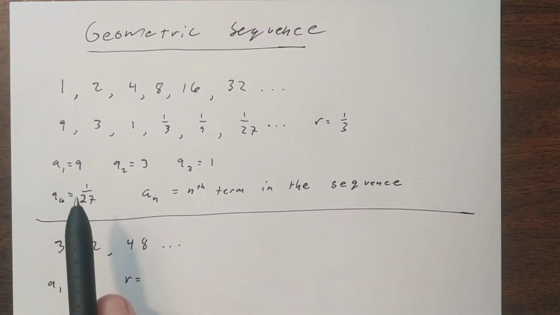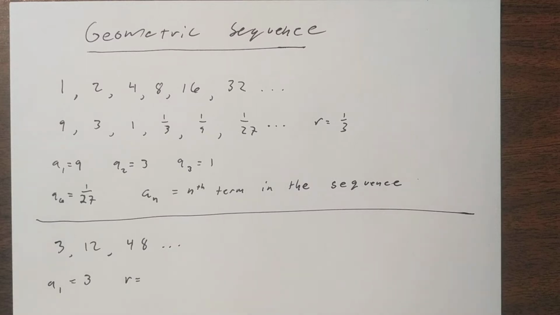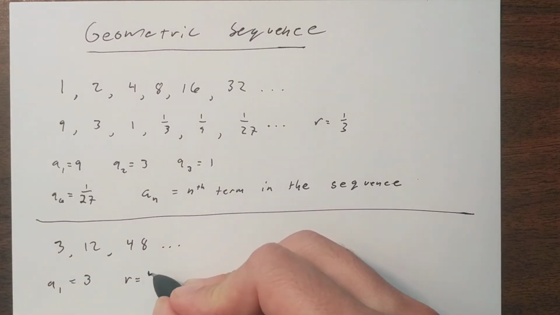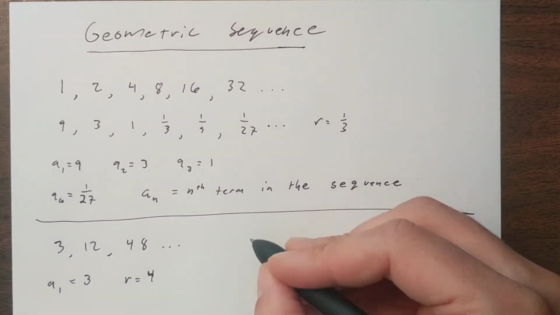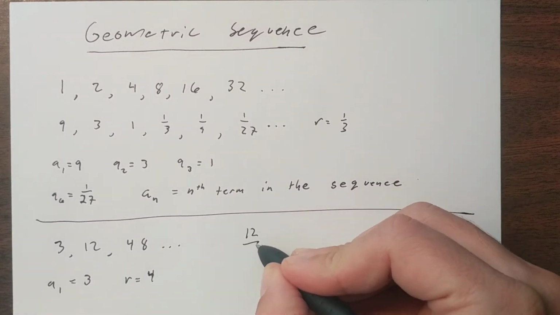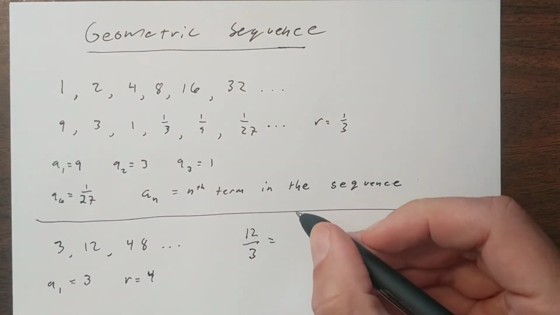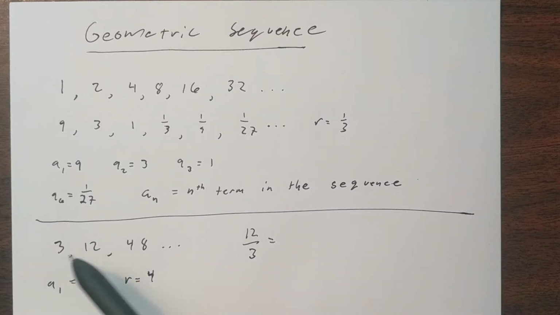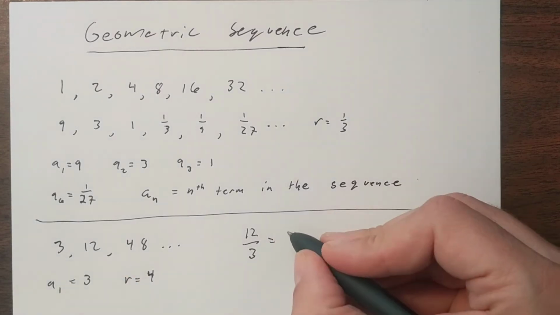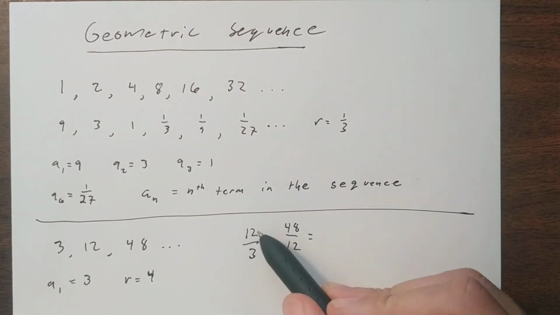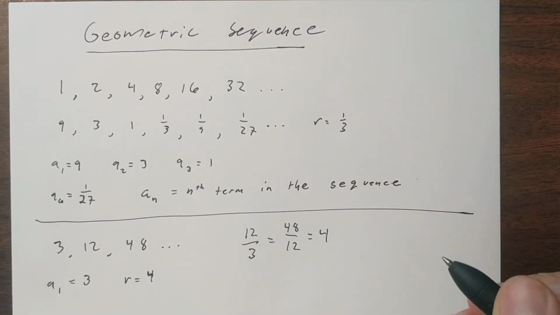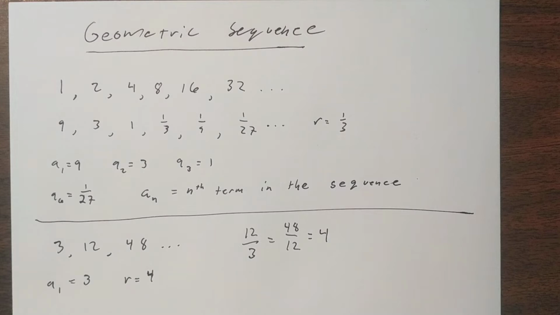Every time we go forward, what do we multiply by? 3 times what is 12, and then 12 times that same number has to be 48, and that number is 4. By the way, you can also figure out your rate by taking any term and dividing by the term before it. Take 12, divide by 3, or take 48 and divide by 12. In both cases, these reduce down to 4. So this is how you can find your rate.